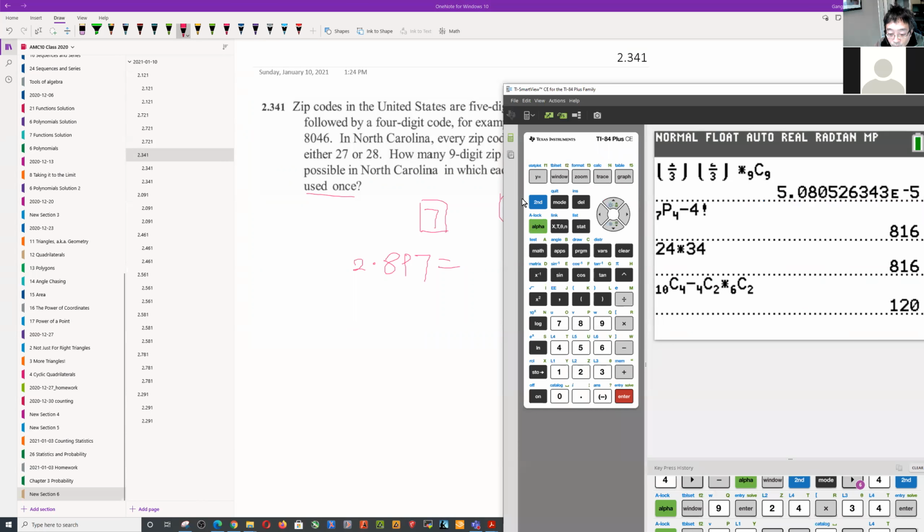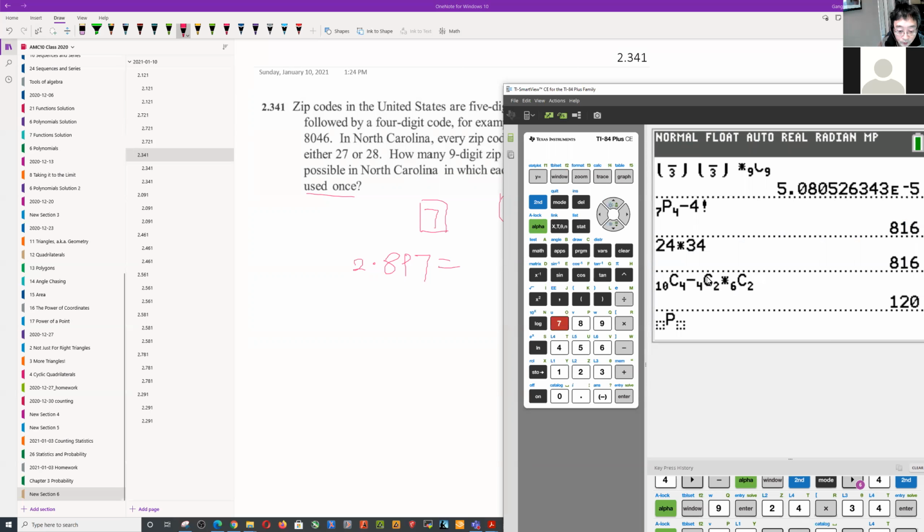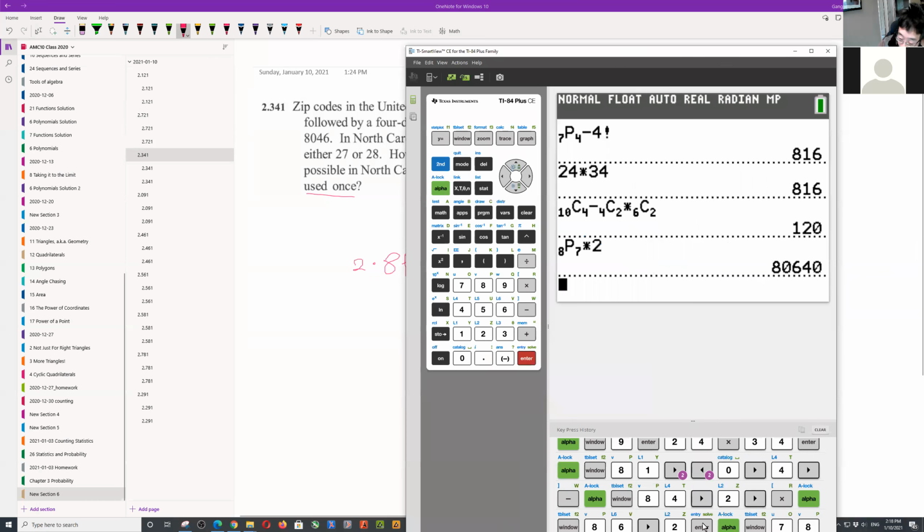So it is going to be alpha window, the 7th function, 8 permute 7, and then multiply by 2. So that's going to be 80640.